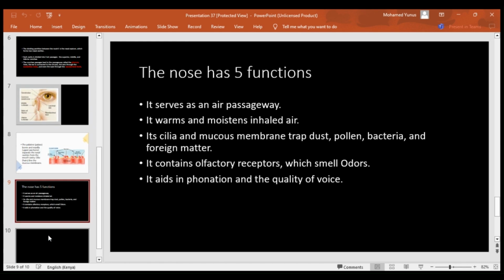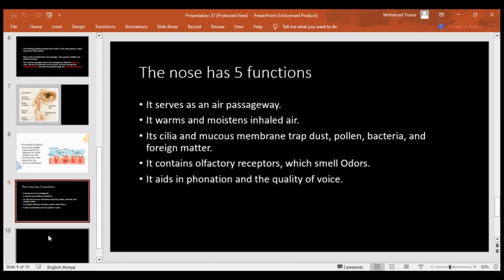So, what are the functions of the nose? They are very basic functions, and I think all of us know them. The first function is that it serves as an air passageway. If your nose is blocked, you have a very difficult time making the air pass into your respiratory system.